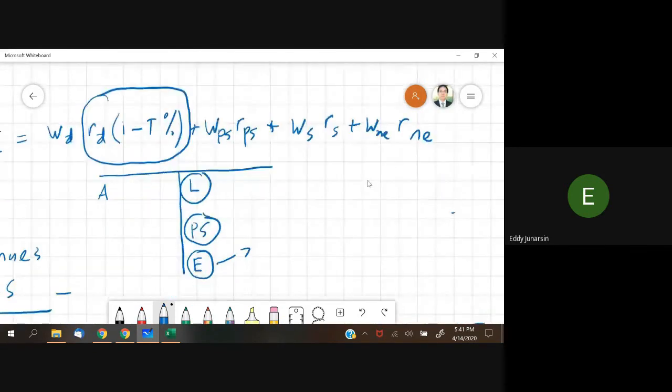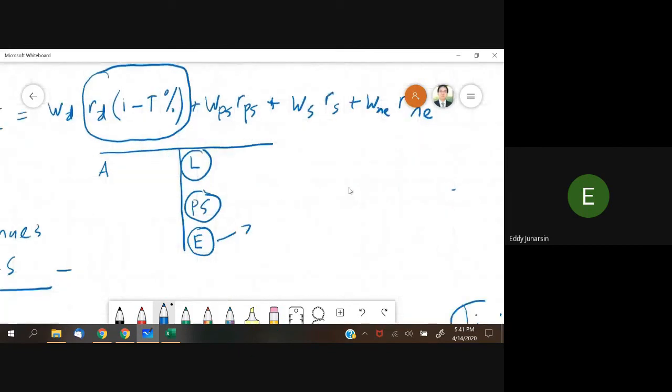And we have another proof. Again, you can imagine, if something happens to the company and we have to liquidate the assets, liability holders or the creditors will get their money first from the liquidated assets, followed by the preferred stockholders, followed by the common equity holders or common stockholders, if any money remaining.